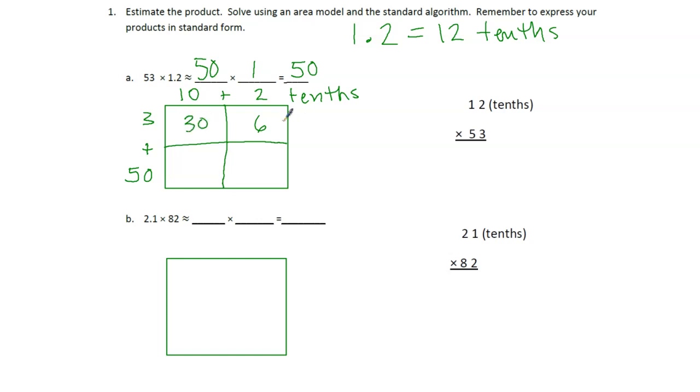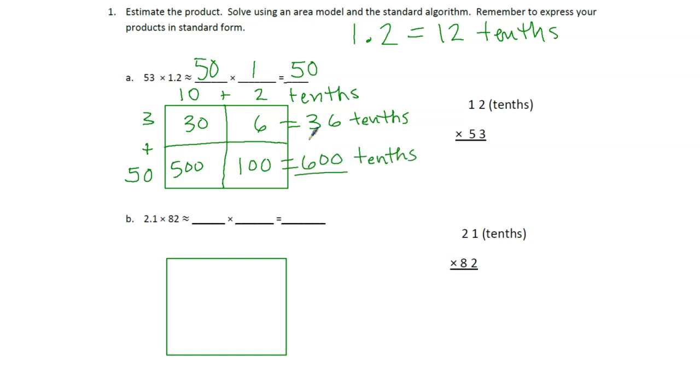When I add those together, 6 tenths plus 30 tenths equals 36 tenths. 50 times 2 tenths. 50 times 2 is 100, is tenths, so 100 tenths. Then I have 50 times 10 tenths is 500 tenths. I have 500 tenths plus 100 tenths equals 600 tenths.